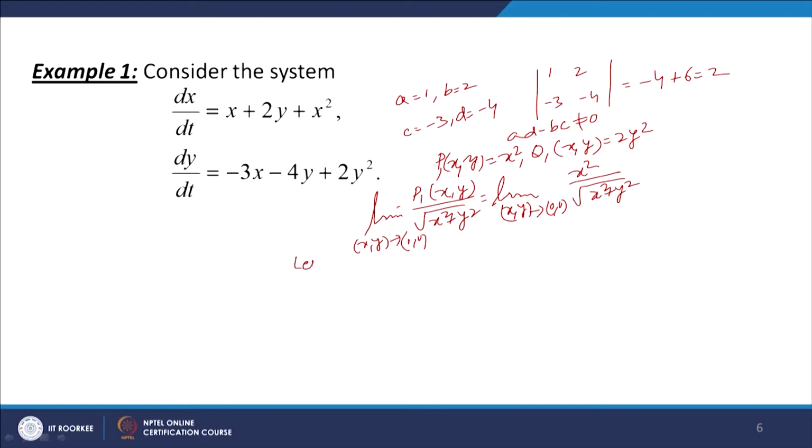Let epsilon greater than 0 be arbitrary. Then we have to find a delta greater than 0 such that the modulus of x squared over the square root of x squared plus y squared, minus 0, can be made less than epsilon whenever the square root of x squared plus y squared is greater than 0 but less than delta.